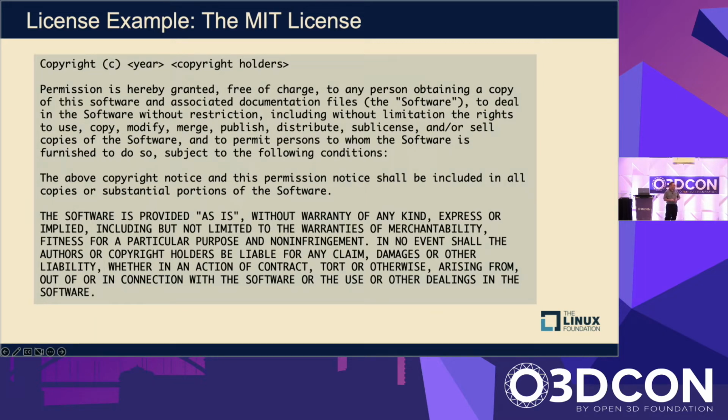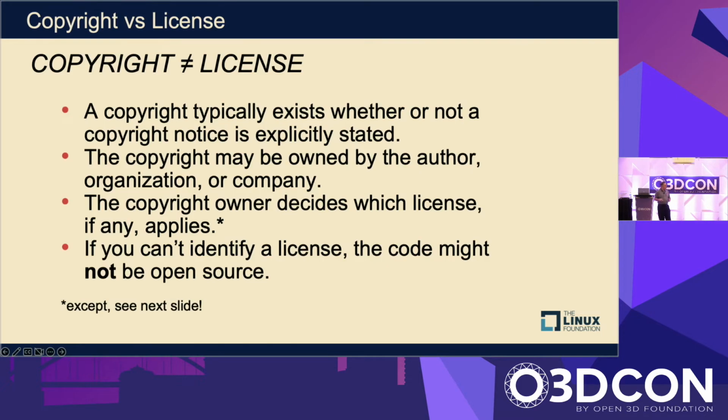That's very important. And then the bottom section is the disclaimer of warranty. I'm not going to read it at length, but go back and look at the slides later and compare it to the rights and obligations slide, and you'll see how that makes sense.